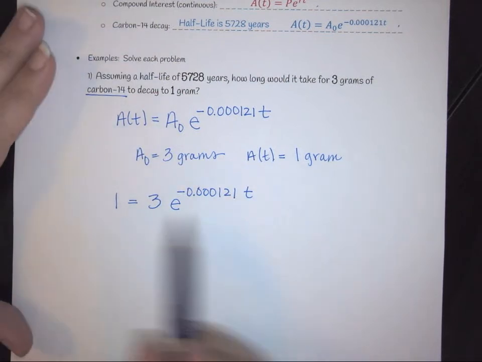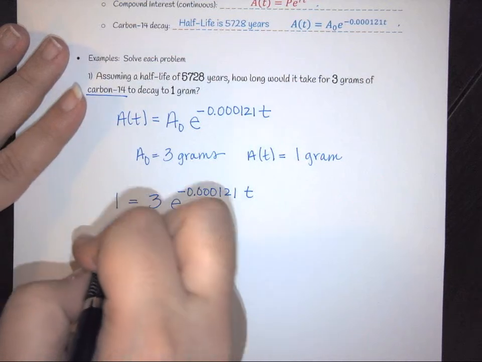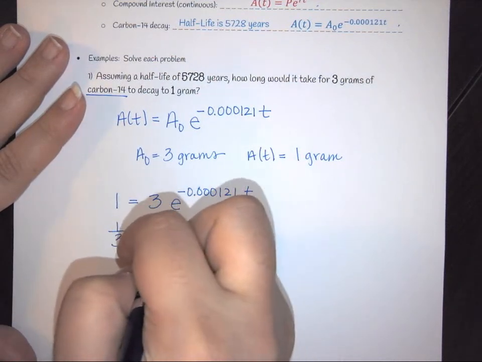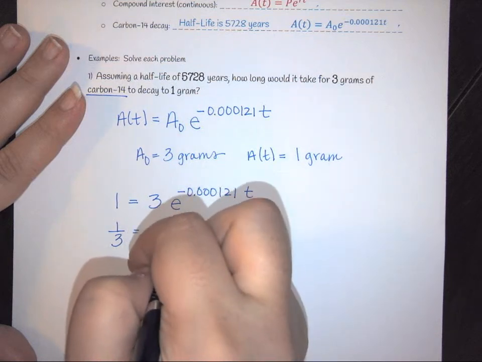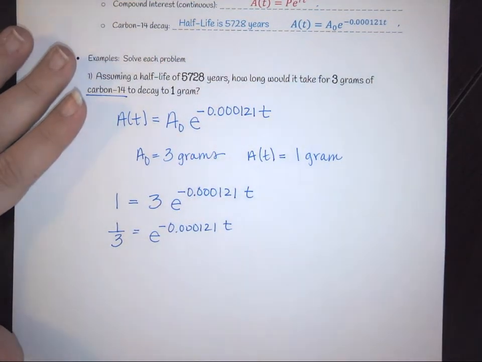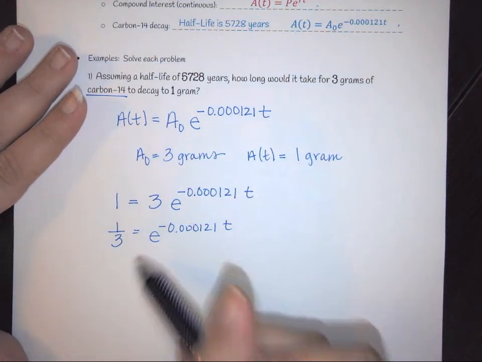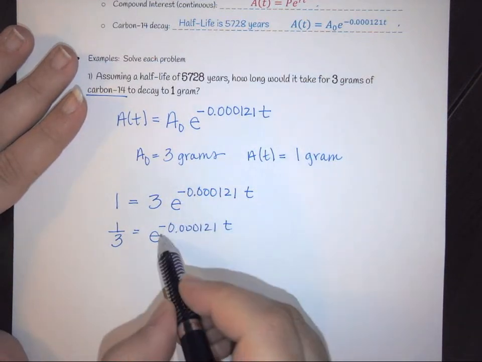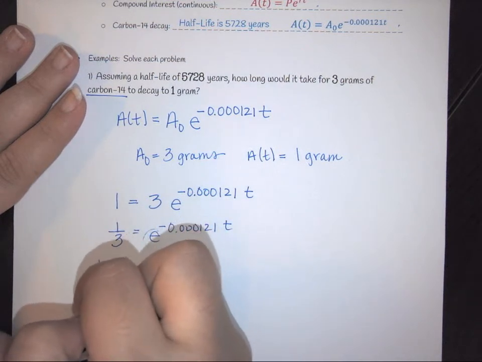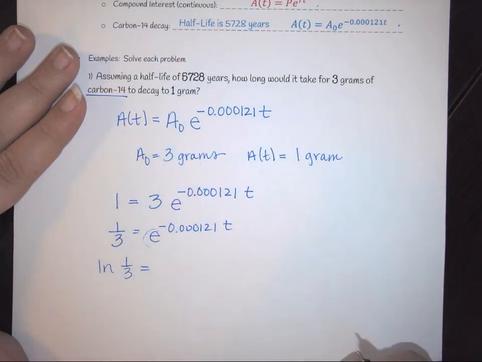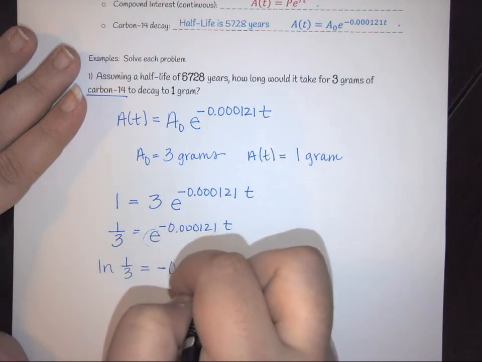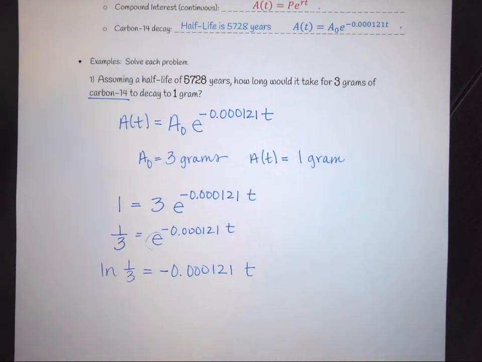So the first thing I would do is divide everything by 3. So this becomes 1/3 is equal to e to my really long decimal. The next thing I would do is take the natural log of both sides. That's going to cancel out this e value. So I'm going to have the natural log of 1/3 equal to just what's left over in the exponent, negative 0.000121 t.